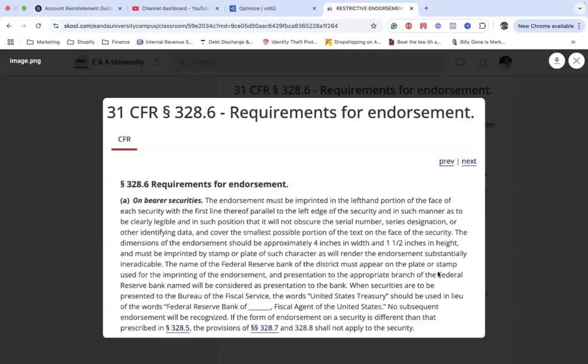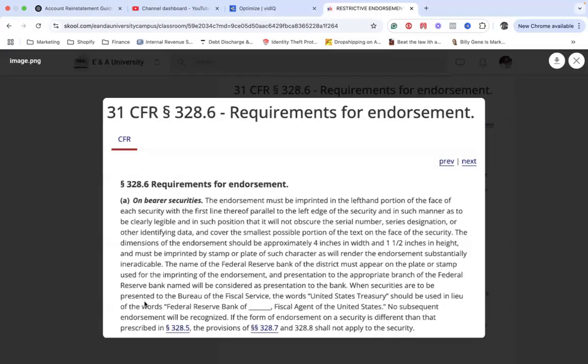So I'll pick up where I was. We were talking about stamp and plates, right? So I'll start back here. The name of the Federal Reserve Bank of the district must appear on the plate or the stamp used for imprinting the endorsement. And presentation to the appropriate branch of the Federal Reserve Bank named will be considered as a presentation to the bank.